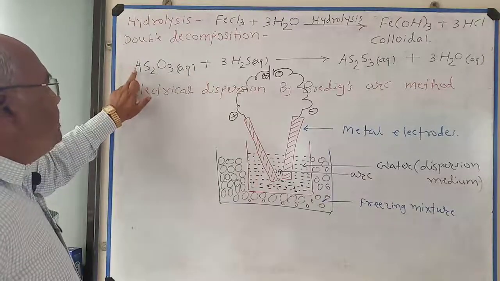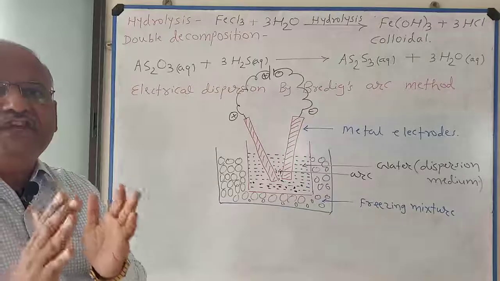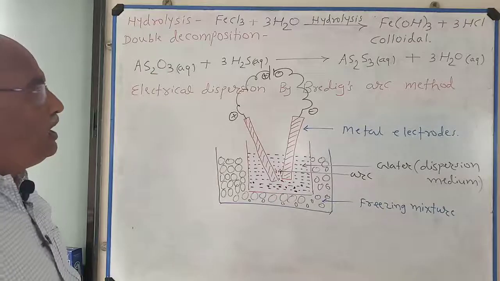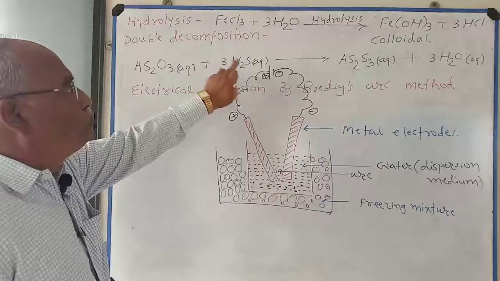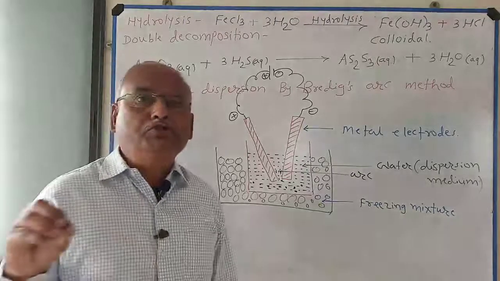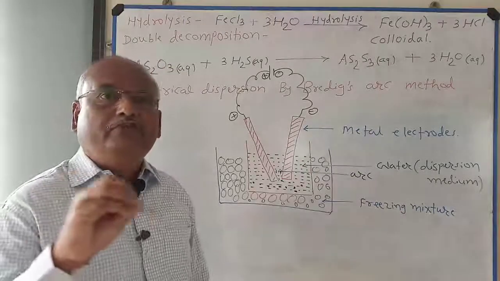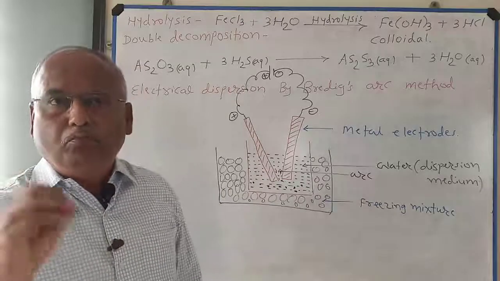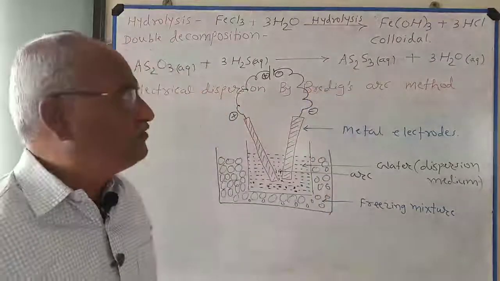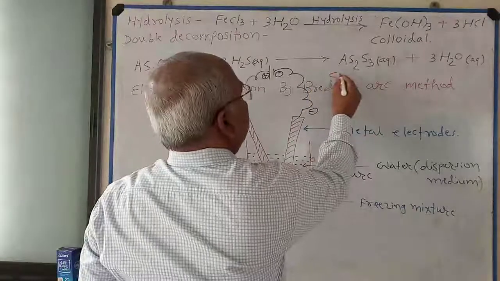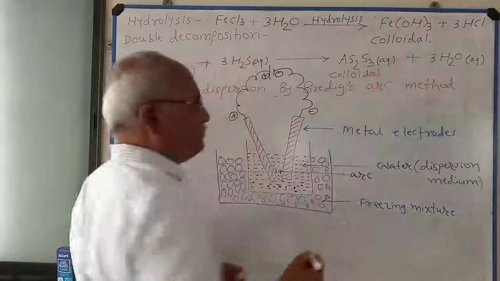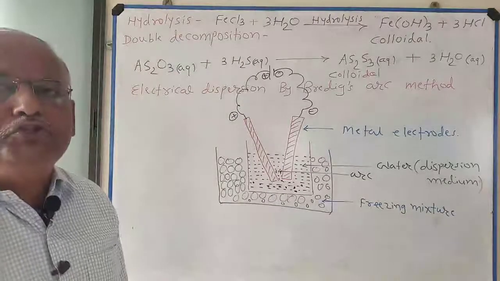Here aqueous solution of arsenic oxide, As2O3, is taken, and aqueous solution of H2S is added. Double decomposition takes place. Oxidation and reduction both take place, and here we get arsenic sulfide in colloidal form. So this is double decomposition method.